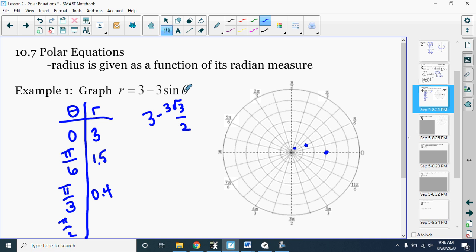Plugging in pi over 2, sine of pi over 2 is 1. 3 minus 3, 0. So at pi over 2, I have no radius.